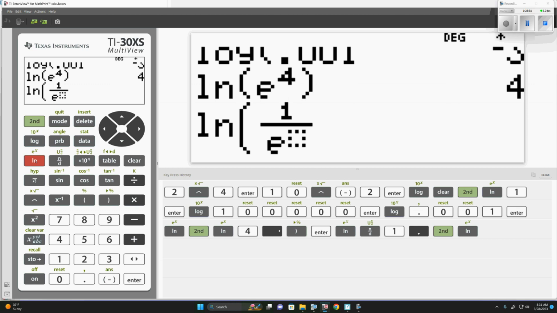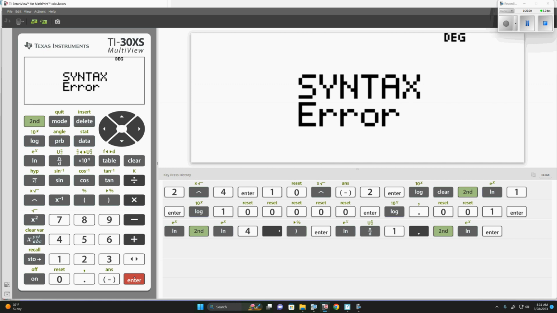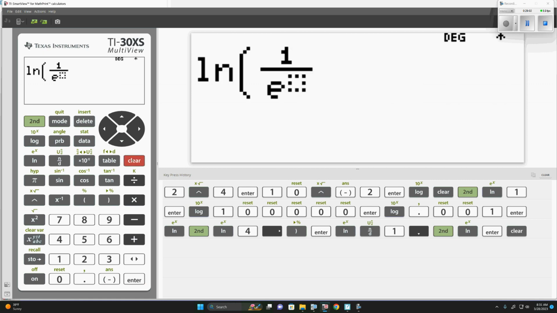Because if you notice, e, when I hit it each time, it gives us a little box. I'm going to go on and hit enter. Syntax error. E needs an exponent. E always needs an exponent if you type it into the calculator. Now, when we write it out as e, if it doesn't have an exponent, that's fine. We can write it as e. We have no issue with it.